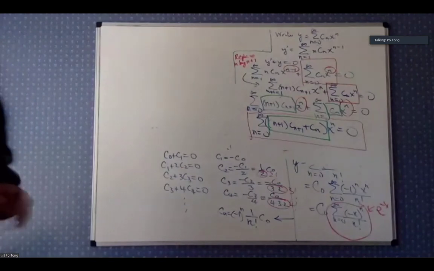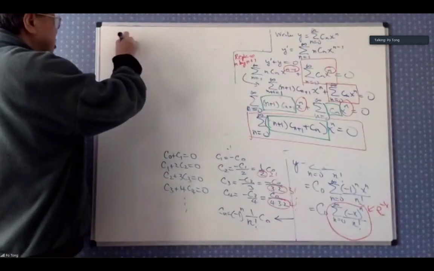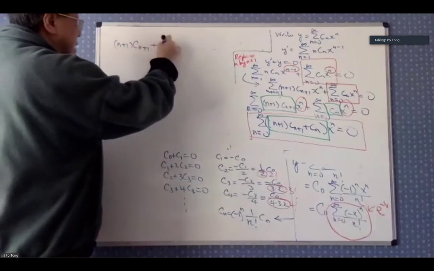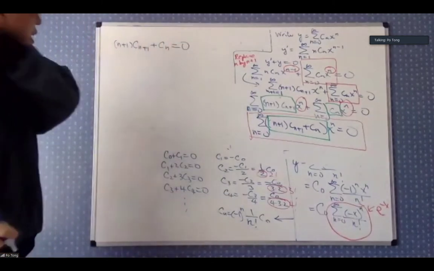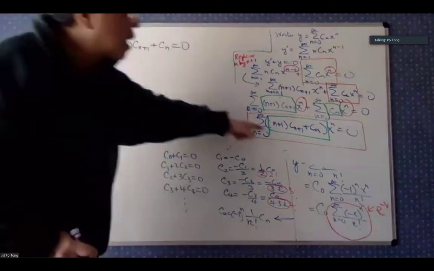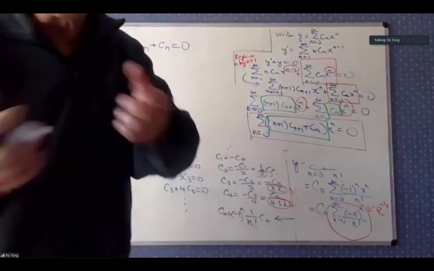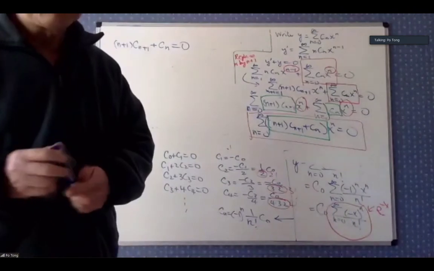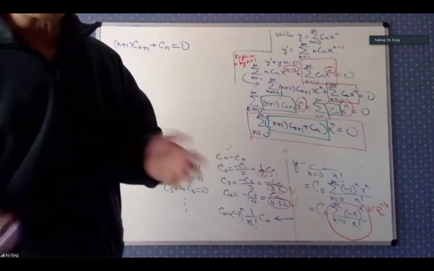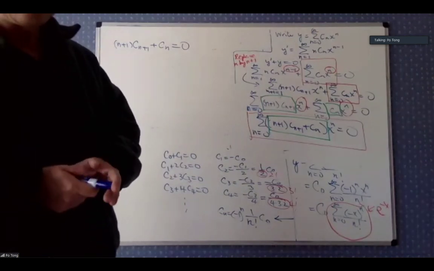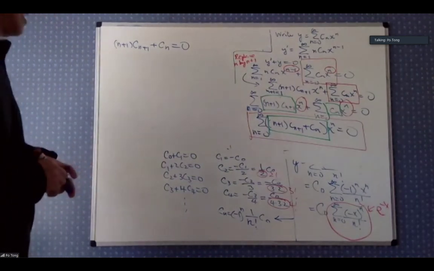That means n plus 1 times C n plus 1 plus Cn is equal to 0. Do you guys follow this step? A polynomial of infinite degree equal to 0, so all the coefficients are 0. Can you accept this step? It's pretty intuitive. Yeah. Okay.